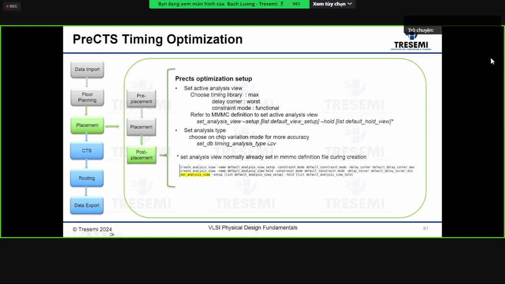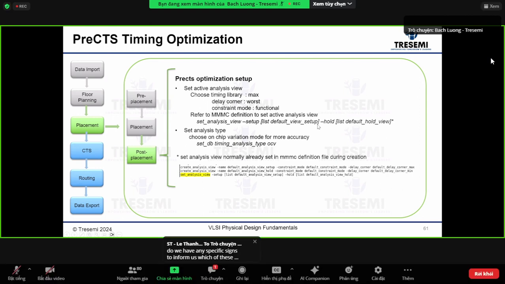All the views are already set up whenever we define the MMC, multi-mode, multi-corner. Basically, this is our timing and libraries definition, and the analysis view is already set in there toward the end. Here's an example of when we create the analysis view setup.